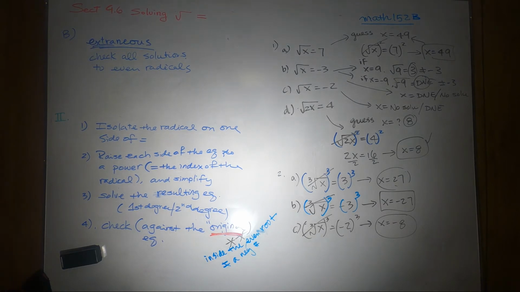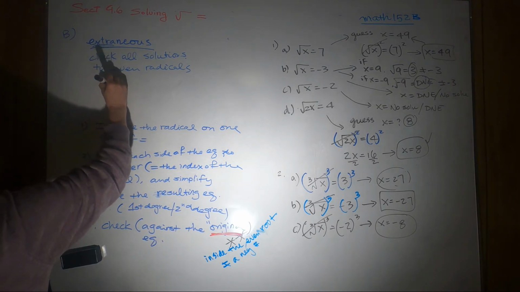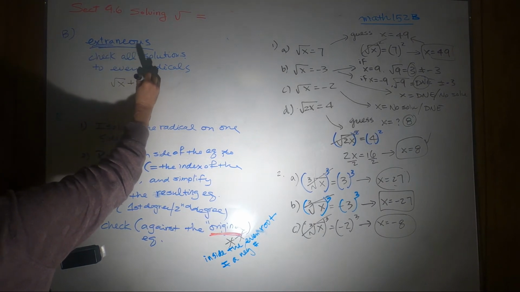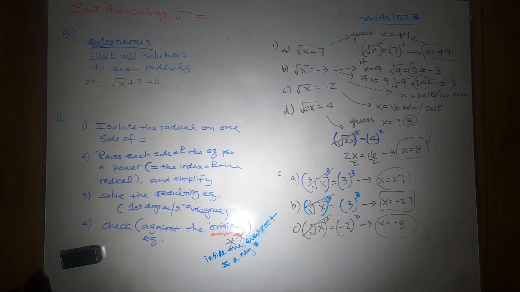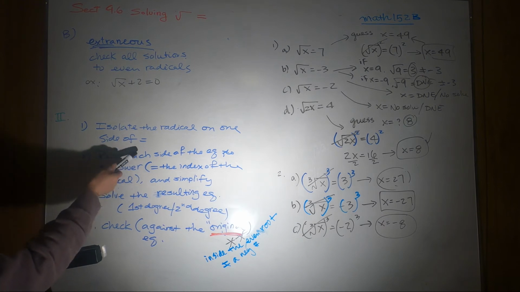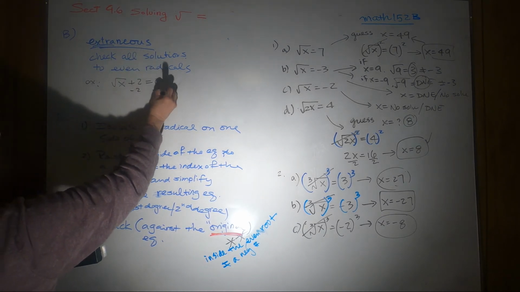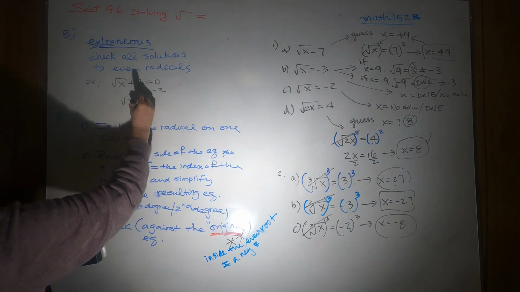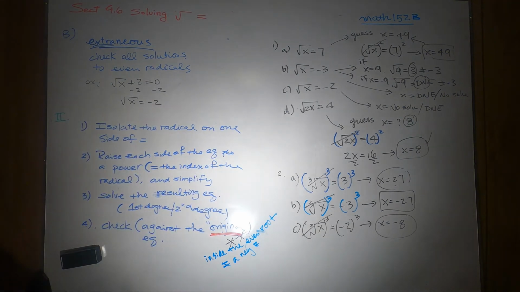If you look at this example, okay, so if you have square root of x plus 2 equals 0, if you do the same thing, isolate the radical by itself, you subtract 2, right? Square root of x is negative 2. Then you know you shouldn't have any answer, no solutions.